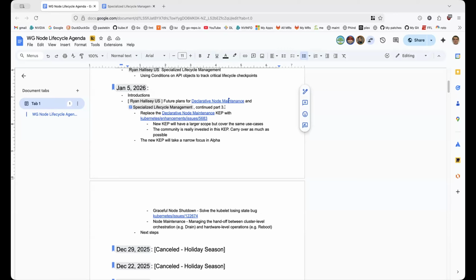Okay, go ahead, Philip. Yeah, I would like to gloss over a bit the reasons why we are moving away from the declarative node maintenance. One of the things is the scope. The node maintenance targeted either a node or a set of nodes, but the way it was written, it was mainly mimicking kubectl drain.